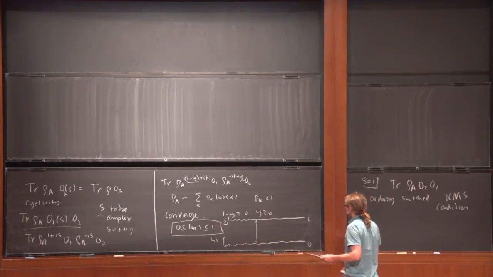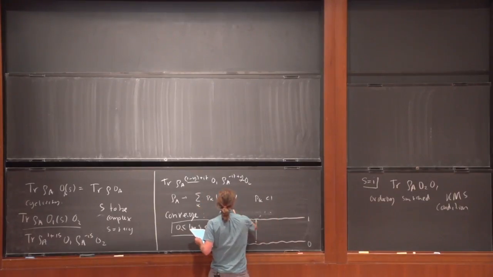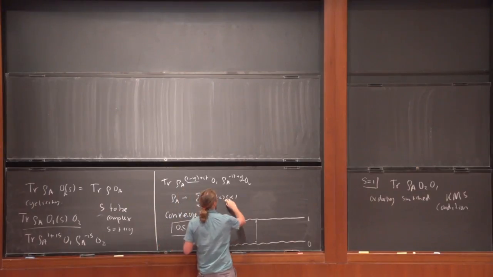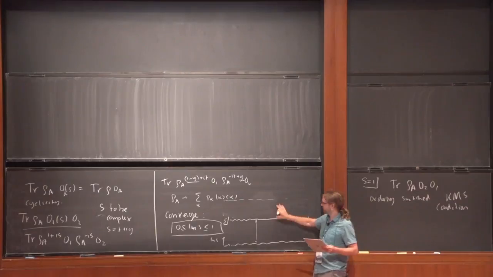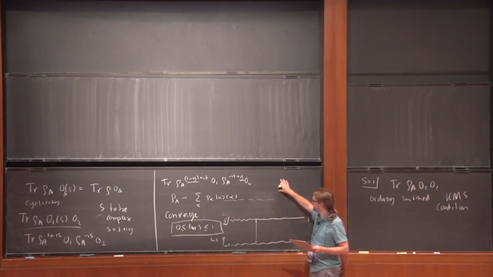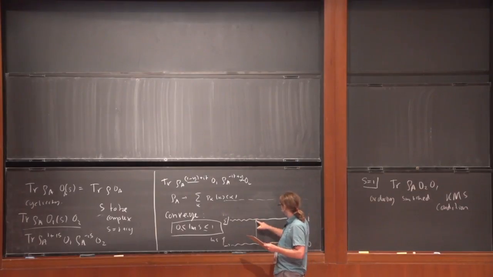Now, one thing you can do is you can take this strip and just make this function periodic in the complex plane. And then what you can think about is, well, now this point is the same as this point by periodicity.